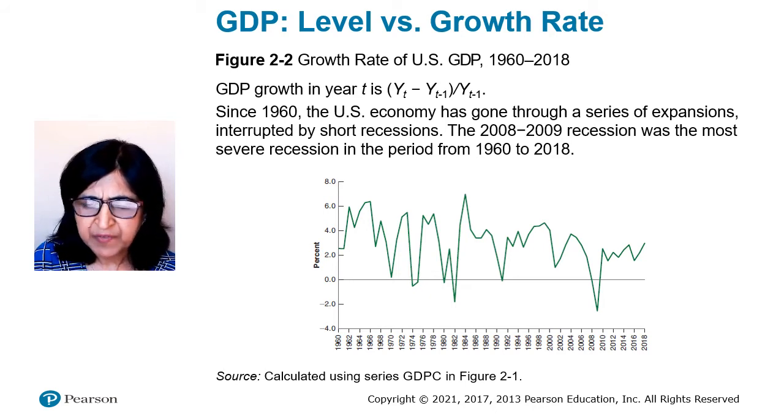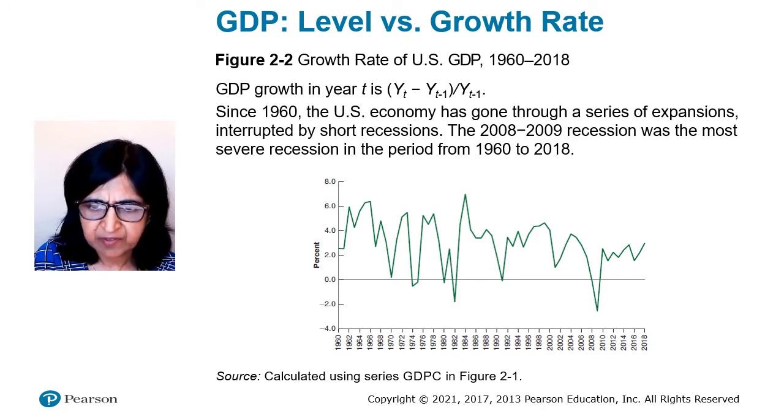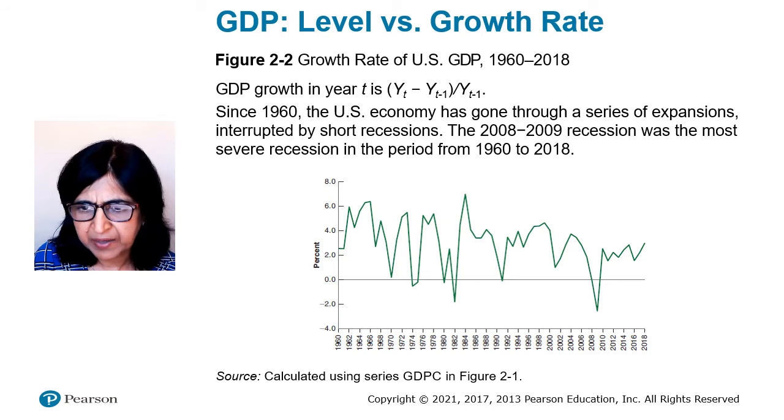The graph is a zigzag curve with several rises and falls. Growth in year T is given by Y_T minus Y_T-1, over Y_T-1. In words, real GDP in year T minus real GDP in year T-1, and the difference divided by real GDP in year T-1.